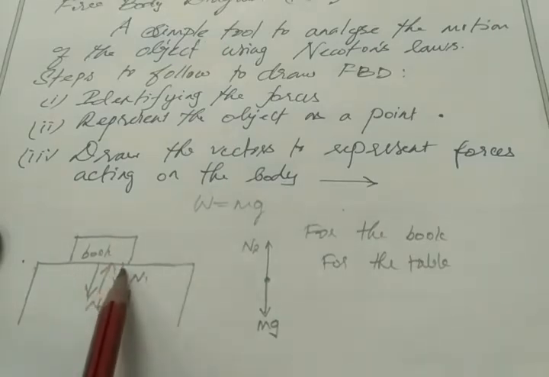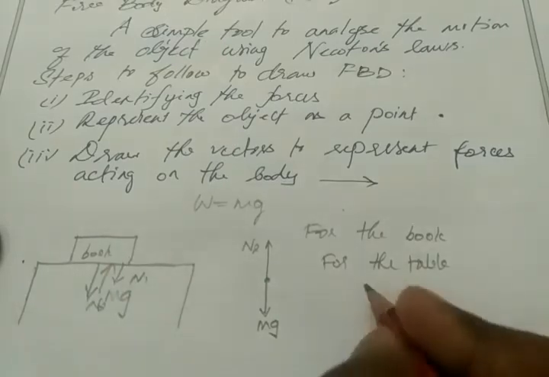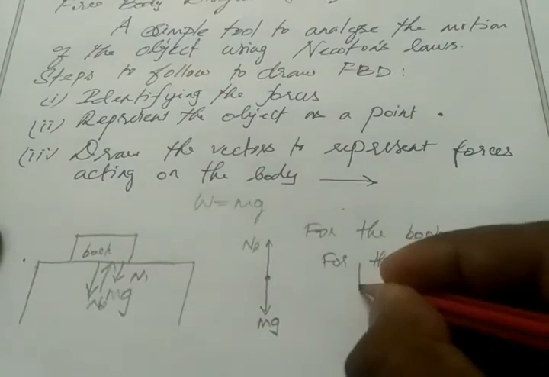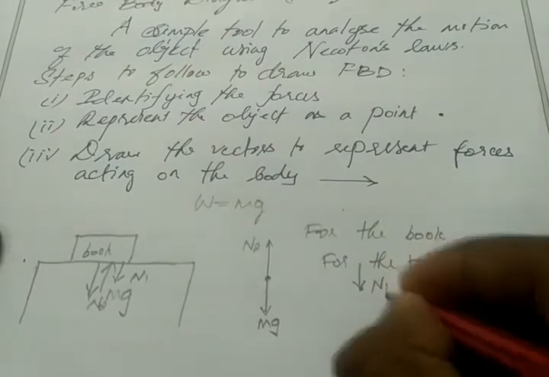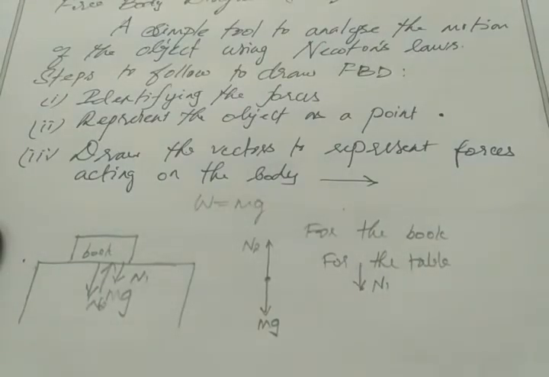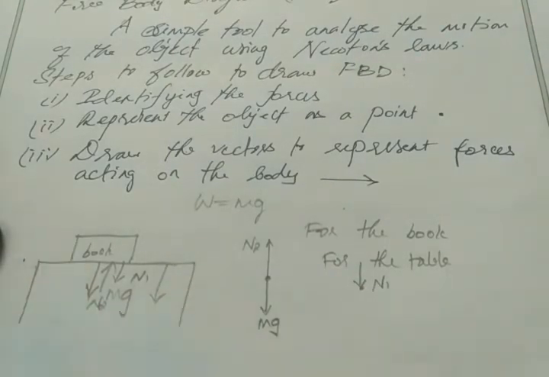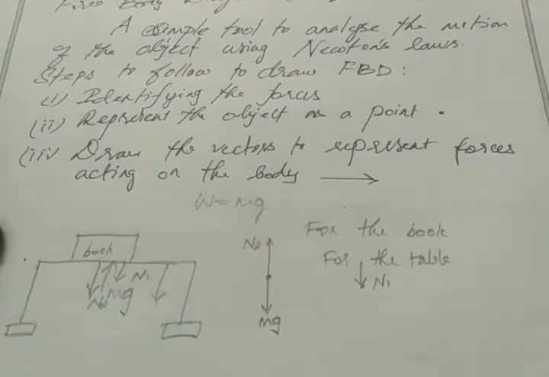If we want, we can also calculate the weight of the table, which always acts downwards. But here we need not mention the weight of the table because the weight is laid on the ground by the legs of the table. So you just neglect the weight of the table.